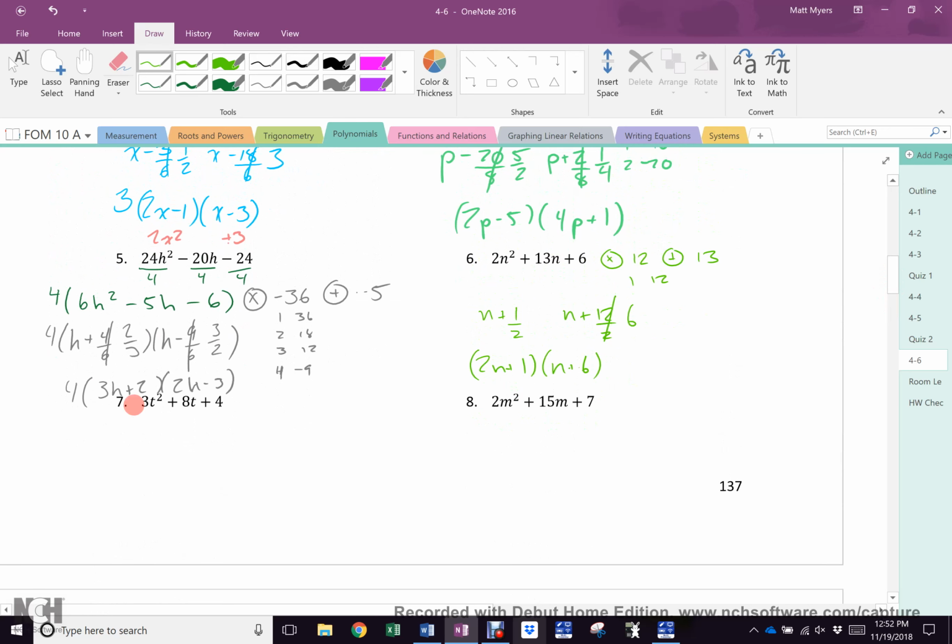Yes, you are. What do I do with 7? What am I multiplying to? 12. What am I adding to? 8. Is it 1 and 12? Is it 2 and 6? How will 2 and 6 get me to 8? Plus and plus. T plus 2, T plus 6. Is it really 2 and 6?